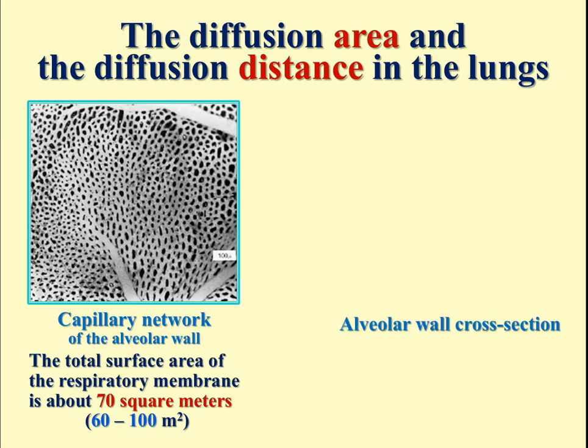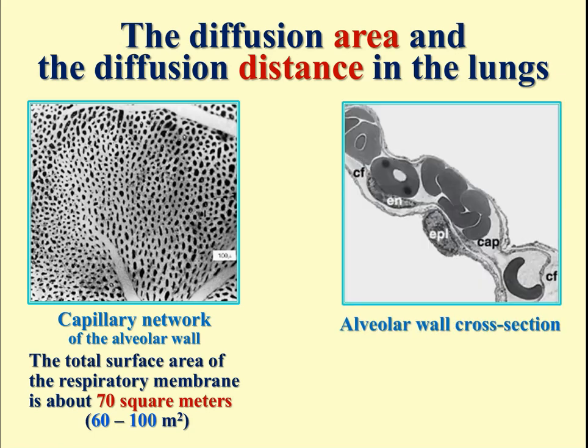Then you can observe the alveolar wall cross-section, and you see that it's very, very thin, and above and below it is alveolar space. Layers of this alveolar wall: epithelial cells, which are very, very thin, except for the areas where their nuclei are located.